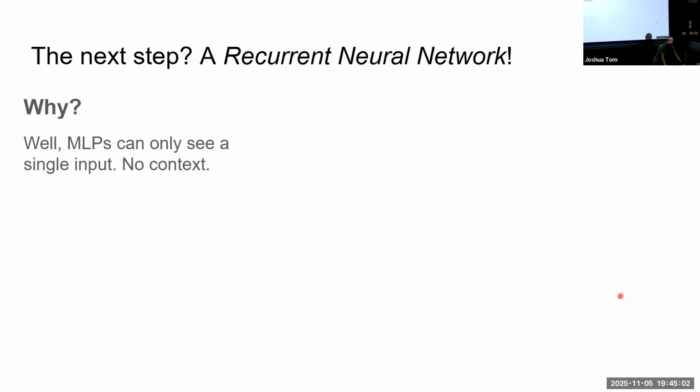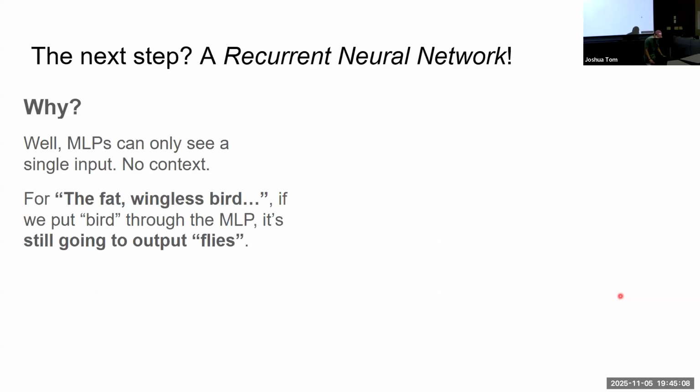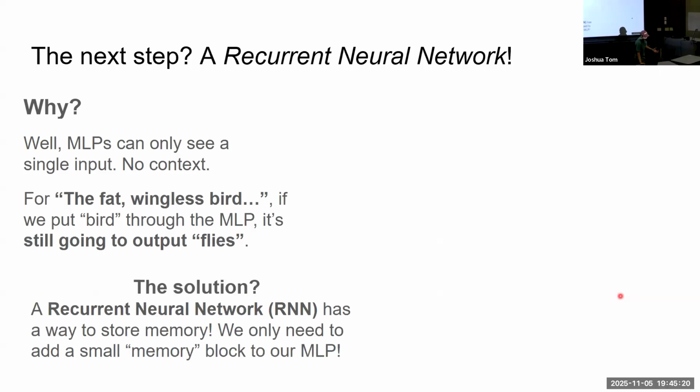So we're going to move to something called a recurrent neural network. And the reason for doing that is the MLP can only see a single input. So if we do a fat, wingless bird, run it through the MLP, we're going to get flies regardless of what comes before it. That's an issue that doesn't really work. So what an RNN does is it provides a way to store memory.